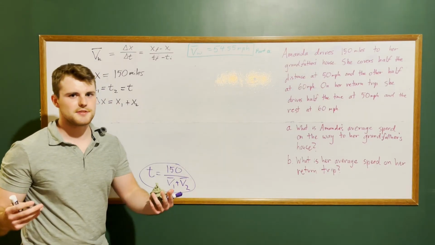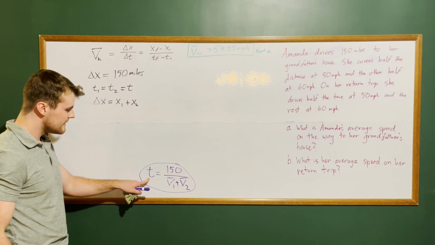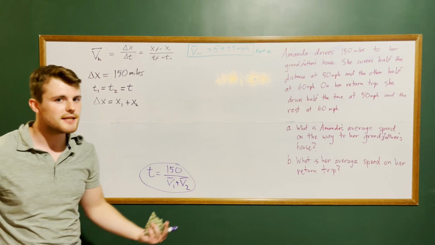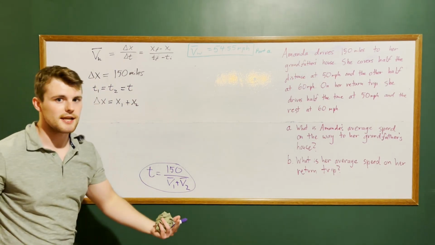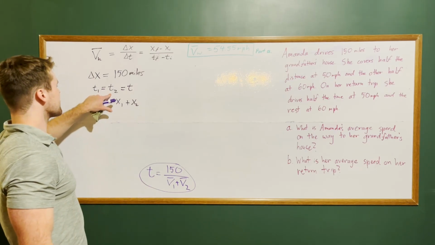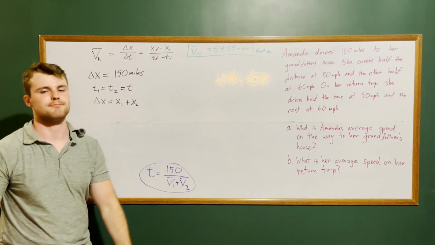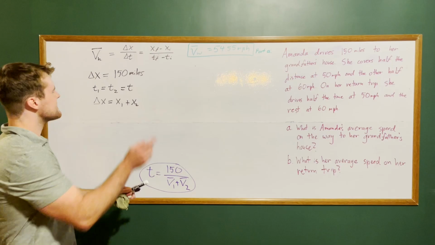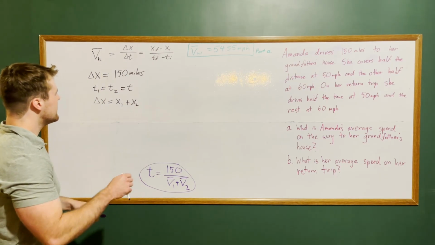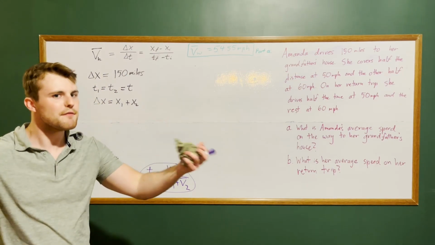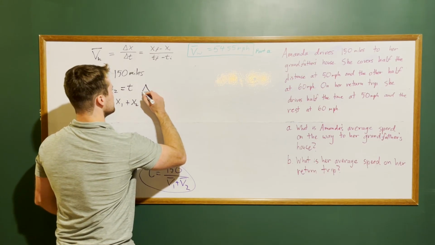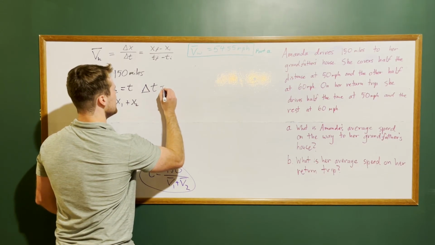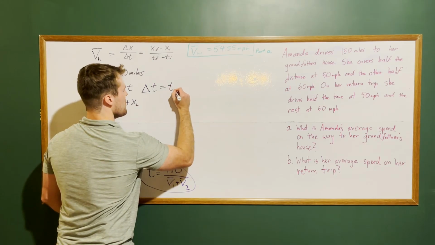So now all I have to do is relate this t to this delta t, plug it in, and get an answer. So we said at the beginning that t1, the first segment time, equals our second segment time, which we just gave to this generalized t variable. How does that relate to delta t? Well, since these two t's are just half the time it takes to get home, we can say delta t is just equal to t1 plus t2.